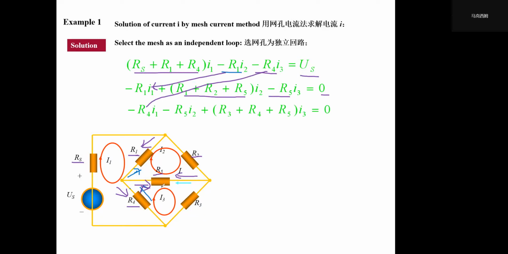And in the third loop, we have R5, R4, R3. Self-resistance is always positive. And we just copy this one here.